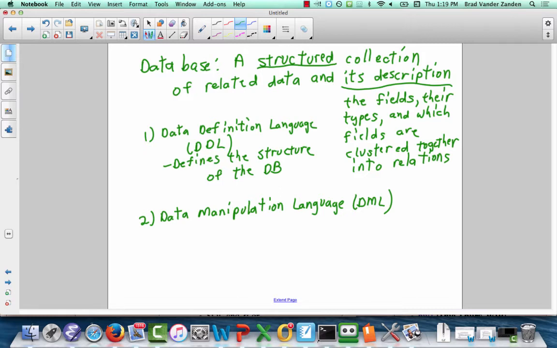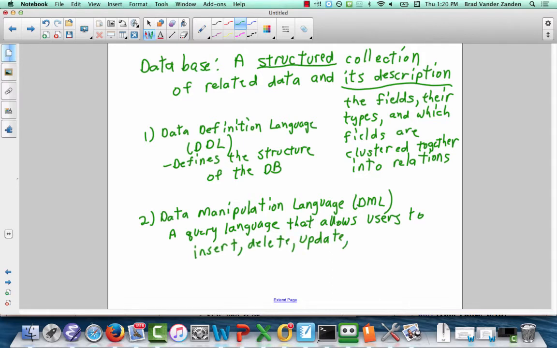The data manipulation language is the one that allows users to insert, delete, retrieve, and update information in the database. So the data manipulation language is a query language that allows users to insert, delete, update, and retrieve information.